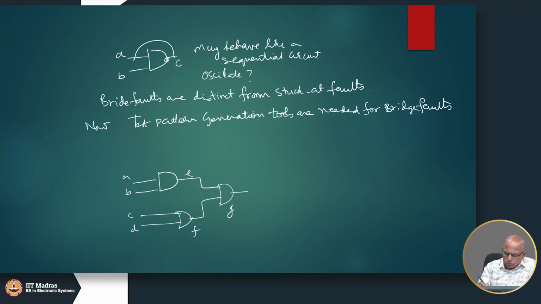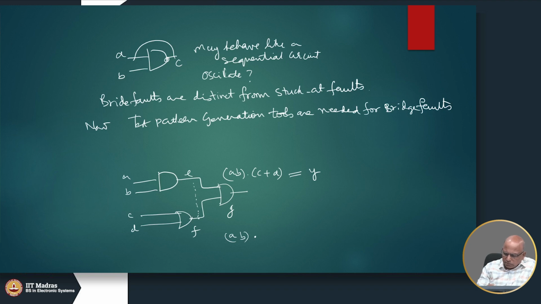A good circuit will produce AB dot C plus D. Whereas if there is a fictitious AND gate between these two, an AND bridge between these two, AND bridge will produce the same thing.